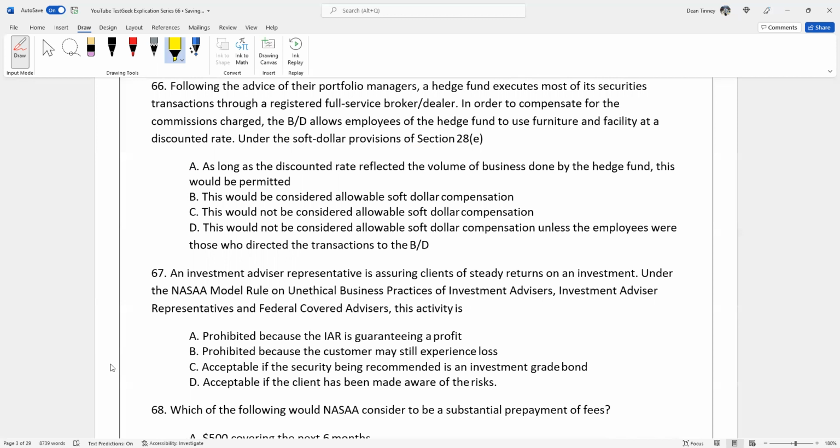And you should definitely know that furniture, travel, and rent are out. It's not going to be considered allowable soft dollar compensation. I think that's my best answer. Let's just see what D says. This would not be considered allowable soft dollar compensation. No, there's no excuse there. I like that one again. Good poor man's flashcard.